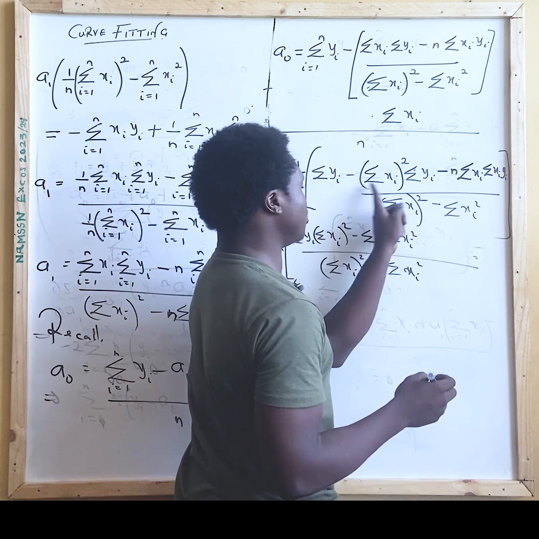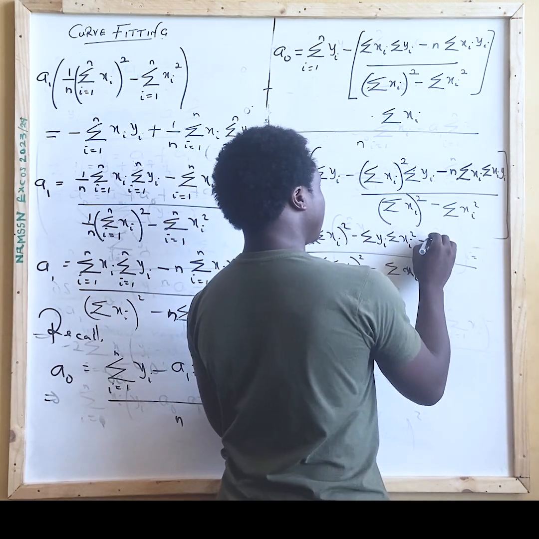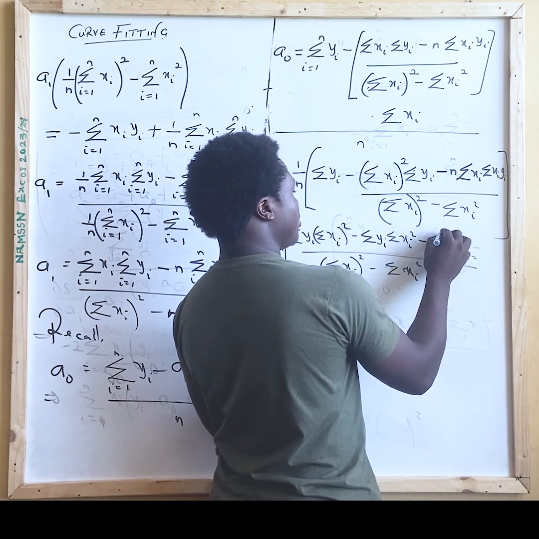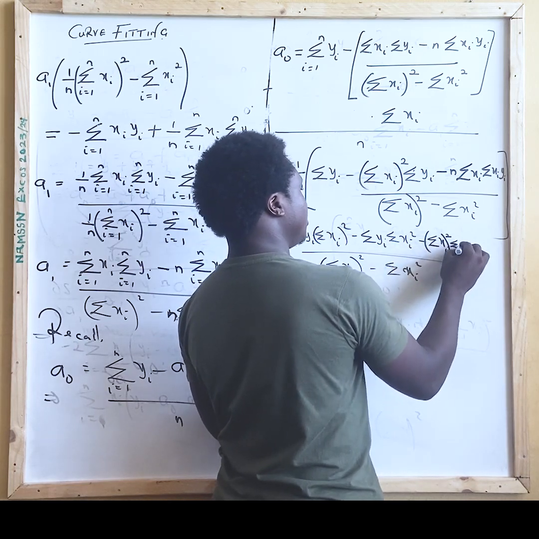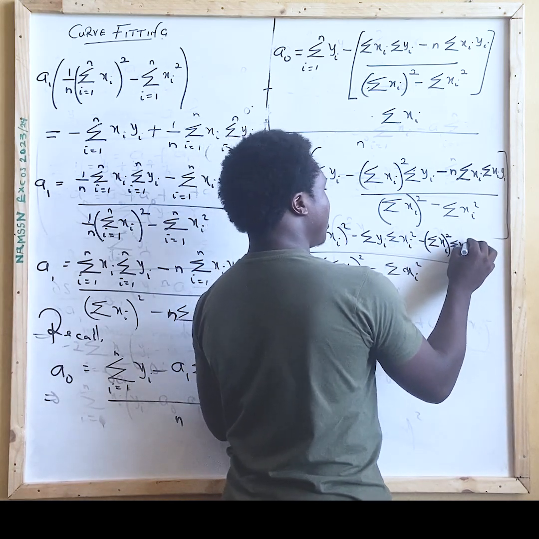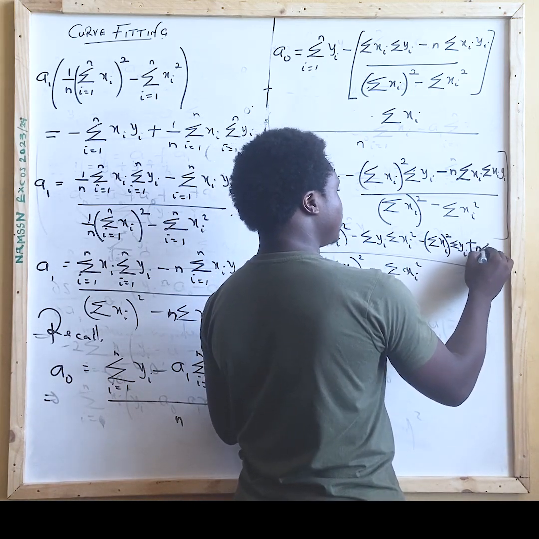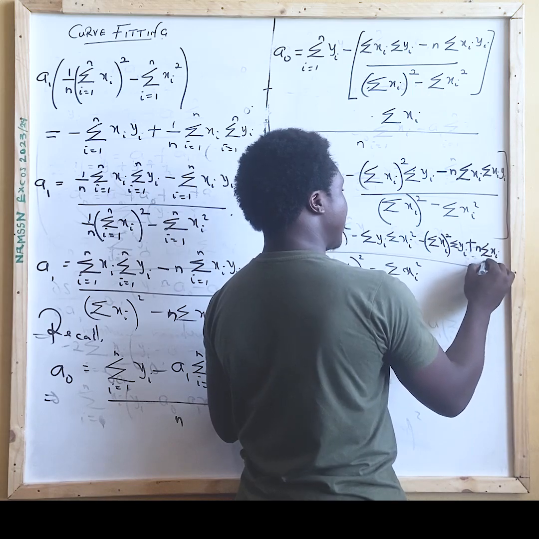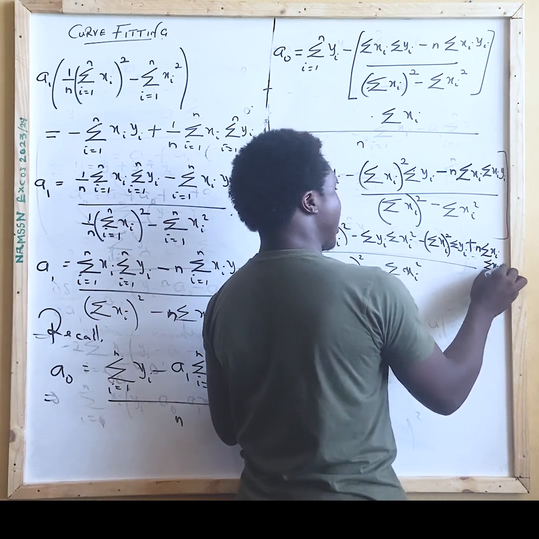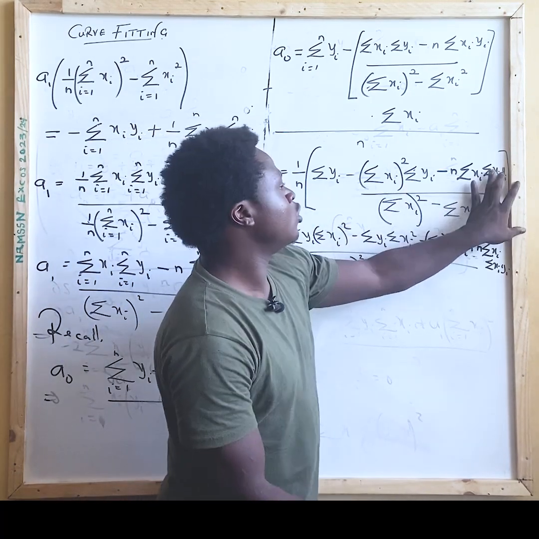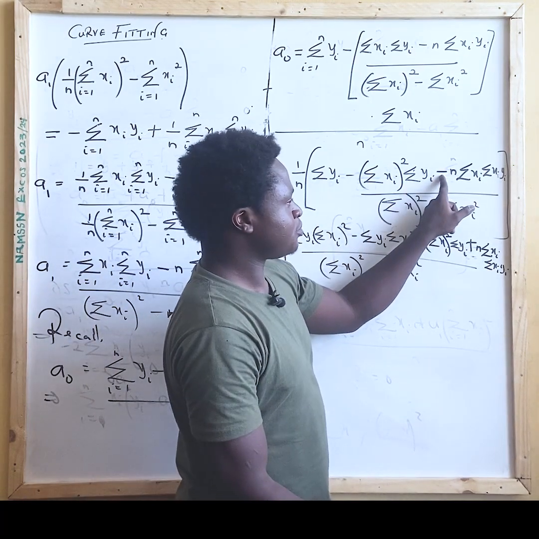Then here I'll be having these ones minus summation xi square summation yi plus n summation xi summation xi yi, like that. That is, I'm multiplying minus now by these two, so I have this will be minus then plus.